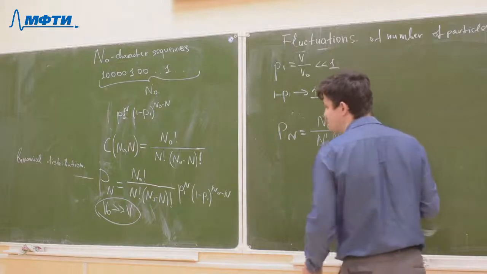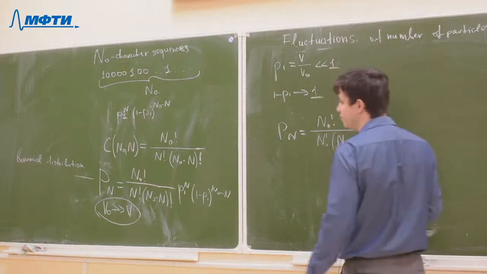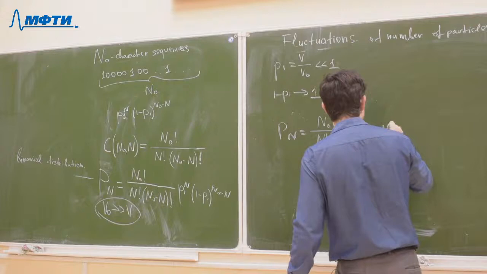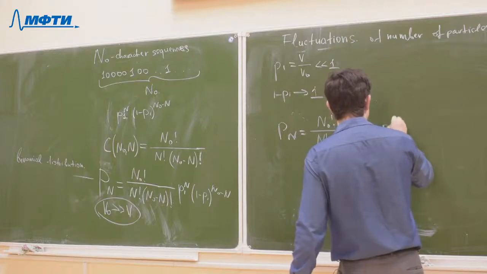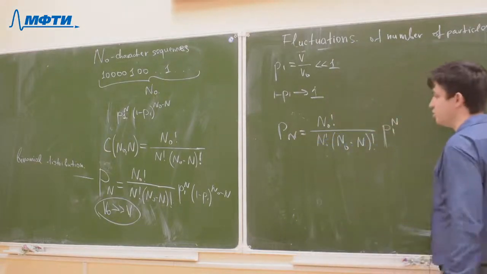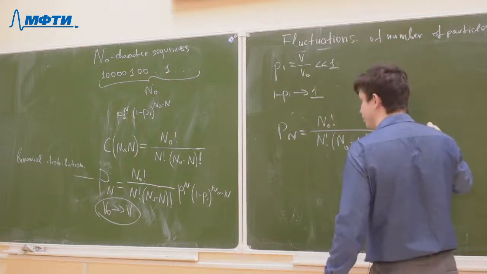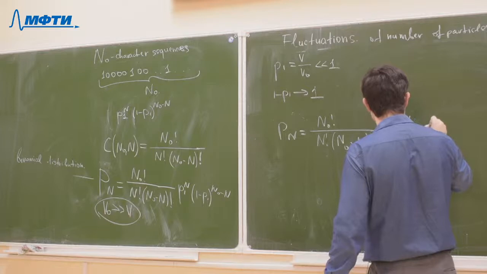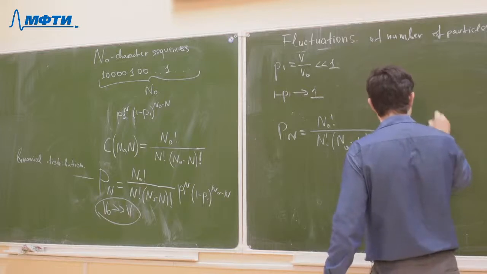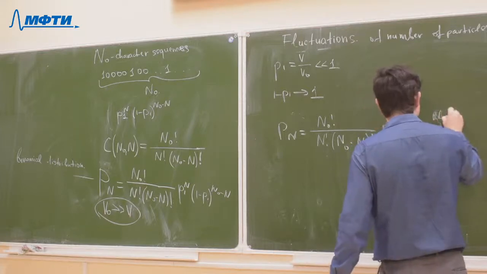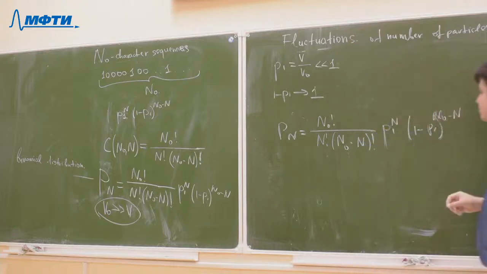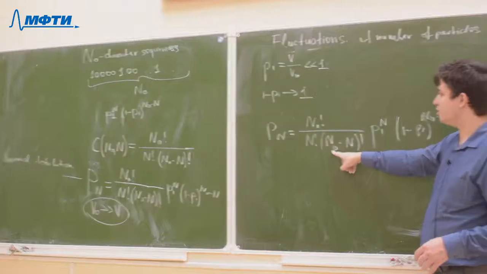I'm going to do the transformations to obtain finally my distribution multiplied by p1 to the power n, which goes without any change here, and multiplied by 1 minus p1 to the power of n0 minus n. What do I do? First of all, n0 is much larger than n.